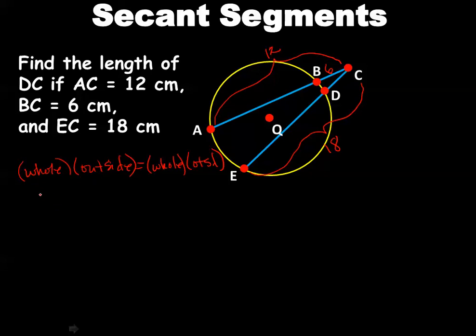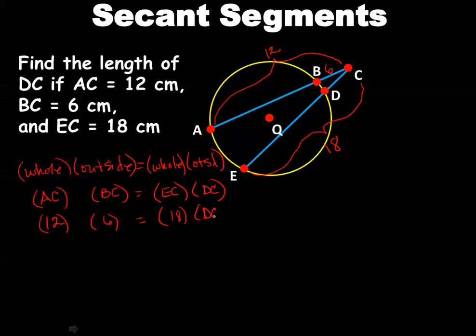So the whole in this example is going to be AC, the outside is going to be BC, the whole of the other secant is EC, the outside is DC. So now I'm going to substitute with the values they gave me, 12, BC is 6, EC is 18, and I'm calculating the length of DC.